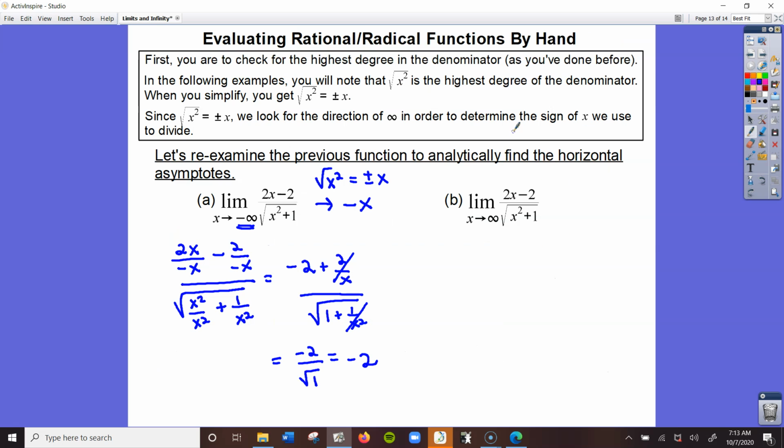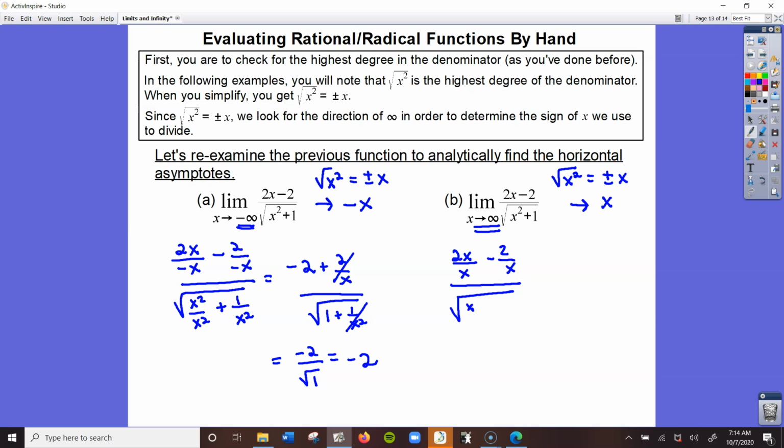So now over here, again, same situation. We have the square root of x squared as our highest degree in the denominator. And when I square root that, I get plus or minus x. Since this is approaching the right side, I am going to use positive x when I divide everything in the numerator. So we have 2x over x minus 2 over x all over. Now remember, since we're still inside of the square root here, I cannot divide by x because that's outside of the square root.